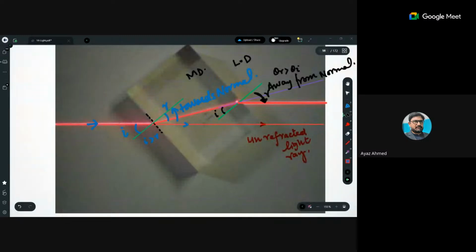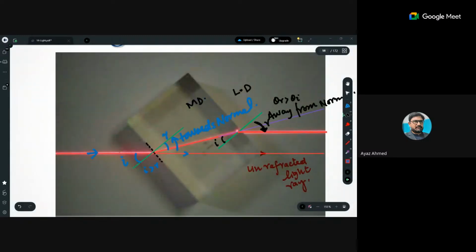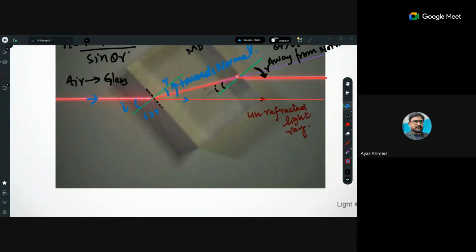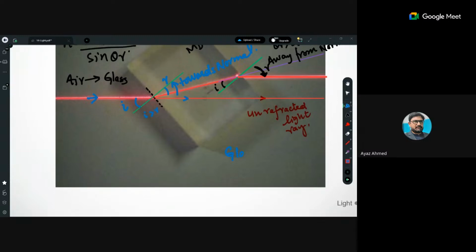That is why the formula I have given you, you will use when n is equal to sine I divided by sine R when the light is entering from air to glass. And when your light is entering from glass to air, what would be the alteration? Your refractive index will be sine of theta R divided by sine of theta I.